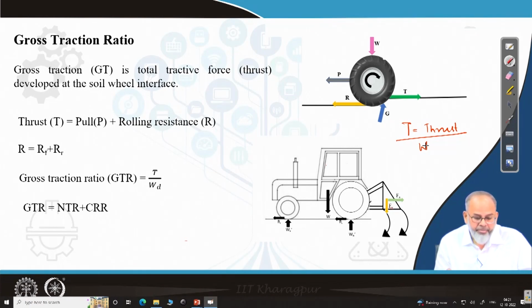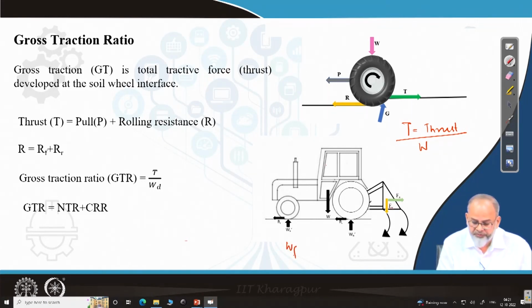But again, if you look at the tractor rear wheel, then when it is used for pulling an implement, during that time there will be weight transfer from the front, there will be weight transfer from the implement side to the rear axle. So, what will happen? The initial distribution, which is denoted as WF and WR, that will no longer remain as WF and WR.